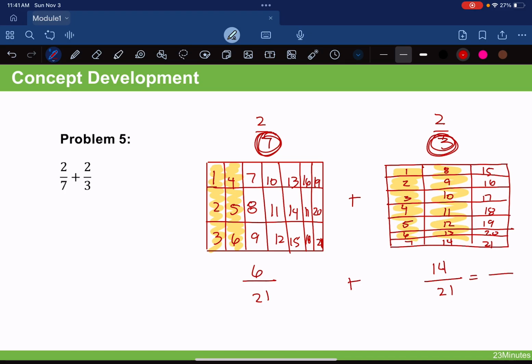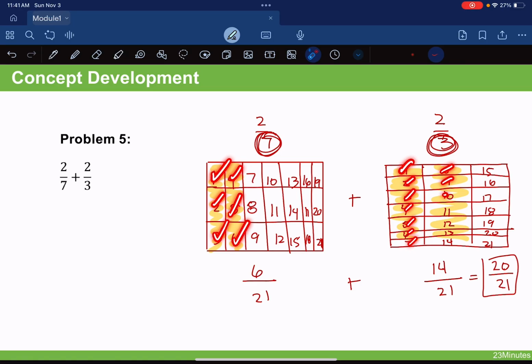When you add it, you keep your denominator. 14 plus 6 is going to be 20, so I get 20 out of 21. They're only one away from each other, so they are simplified already. So a total of 20 out of 21. I can also come here and check and say I have 1, 2, 3, 4, 5, 6, 7, 8, 9, 10, 11, 12, 13, 14, 15, 16, 17, 18, 19, 20.